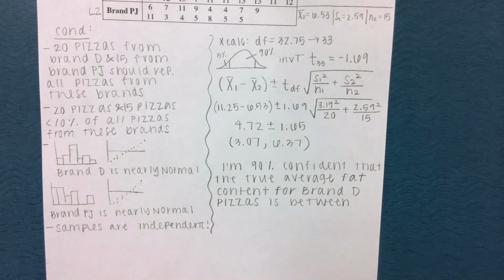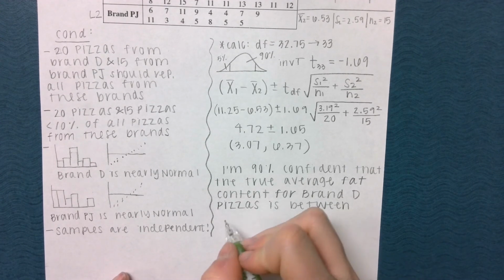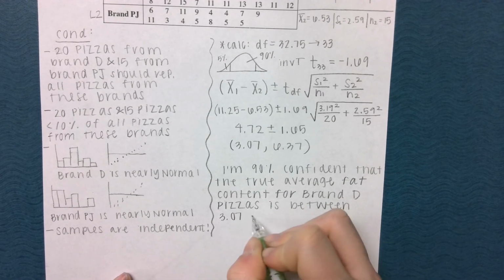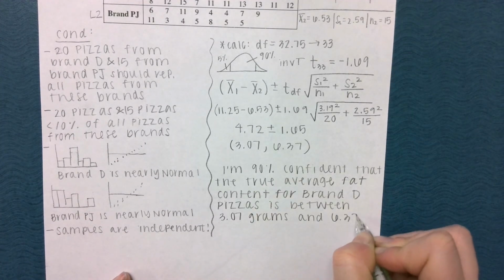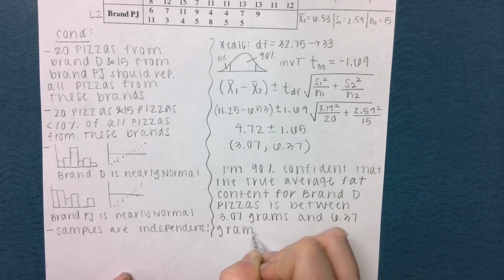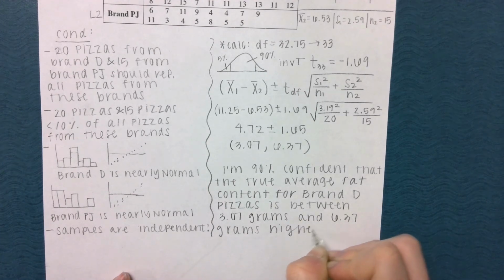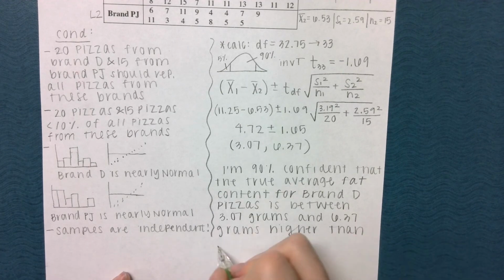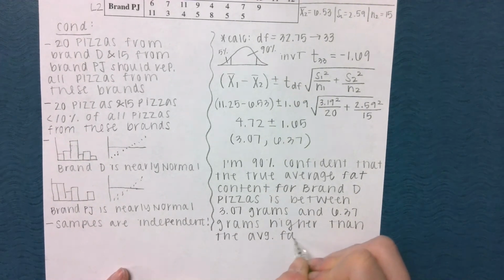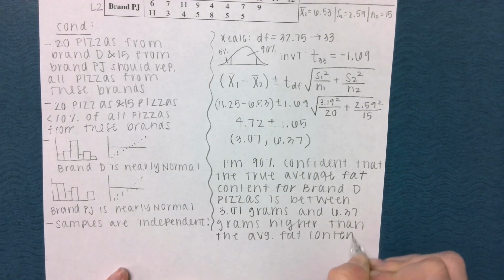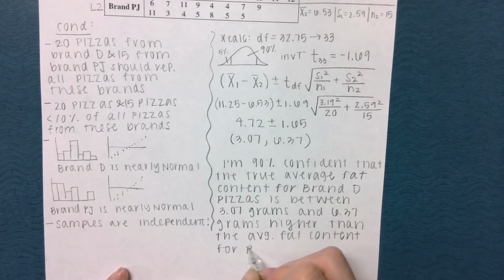So again, I'm going to say between these two amounts higher. Make sure you have your unit, which this one is grams. So I'm going to say between 3.07 grams and 6.37 grams higher than the average fat content for brand PJ.